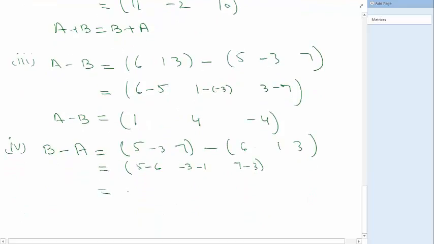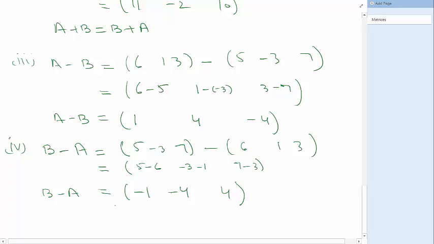So it should be minus 1, minus 4, and 4. So this is B minus A. Now here you can notice B minus A is not equal to A minus B, and obviously it has to be true because subtraction never follows the commutative property.